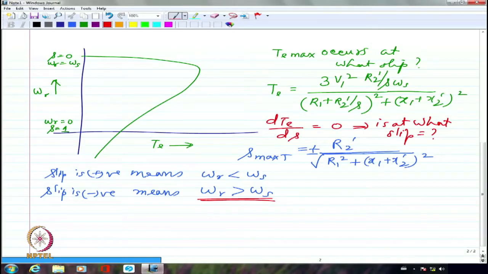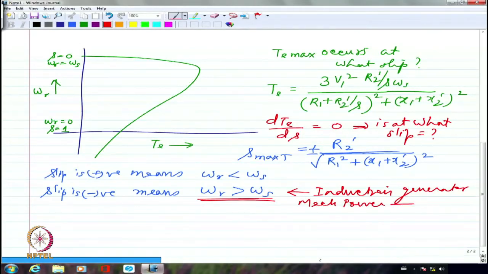Right? I am giving mechanical energy with the help of maybe the gravitational pull, which is a kinetic energy. That can be converted into electrical energy, in which case the induction machine, which until now was operating as a motor, will start functioning as a generator. So this will correspond only to induction generator operation, where I am going to convert mechanical power into electrical power.